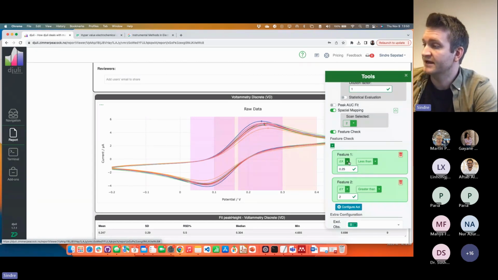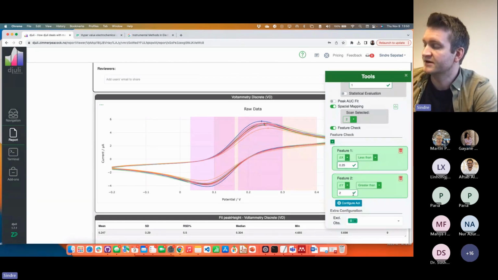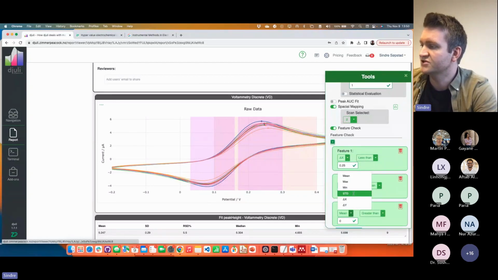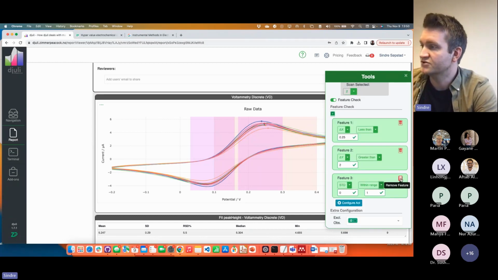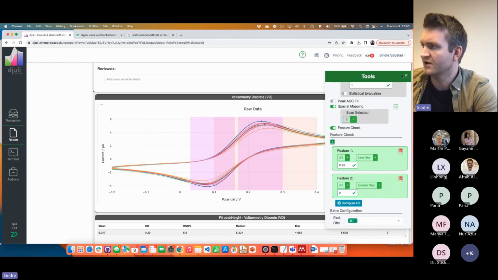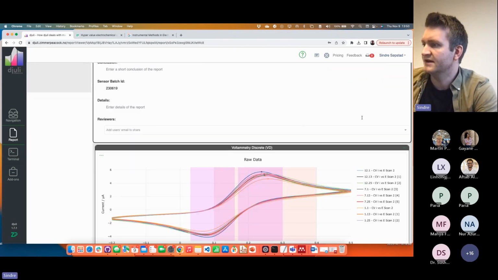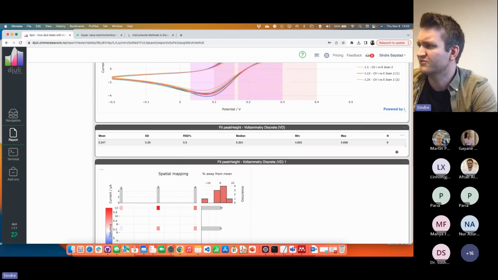I want this to be less than this. I want this to be greater than this. You can also add other stuff, such as, I want the standard deviation to be between these two numbers, or any kind of parameters you choose. Okay, so I didn't do anything to the data now, so it doesn't update because we already did it.